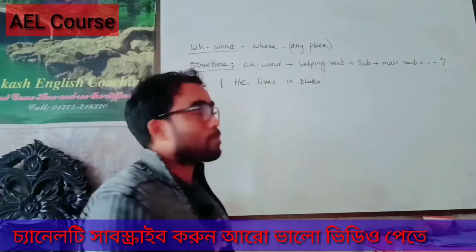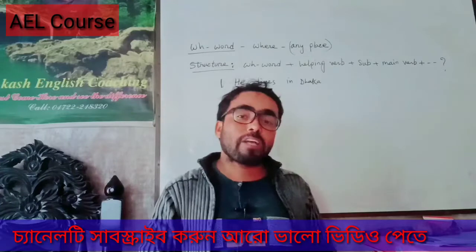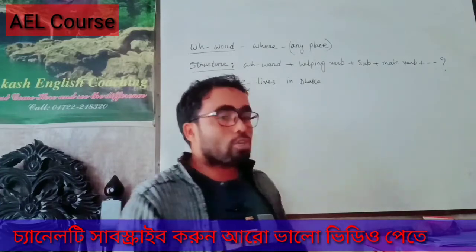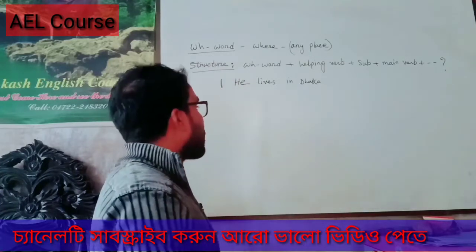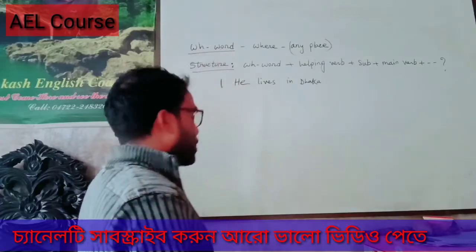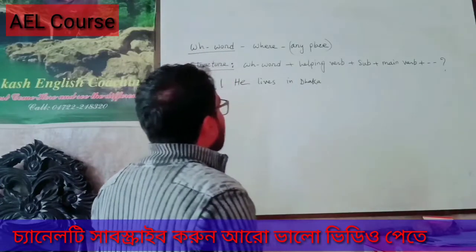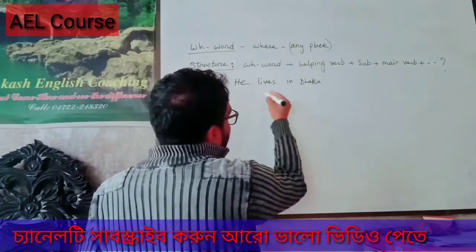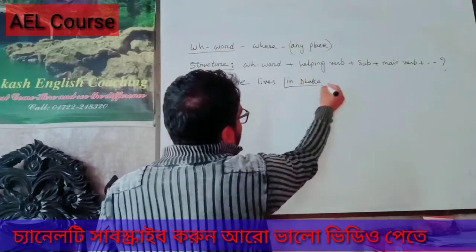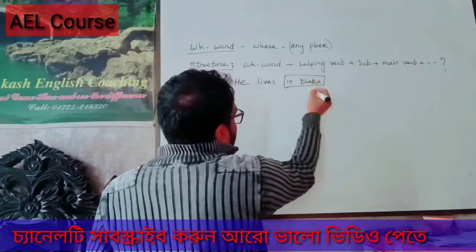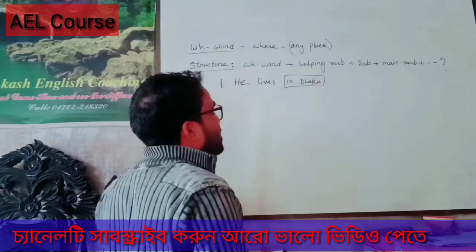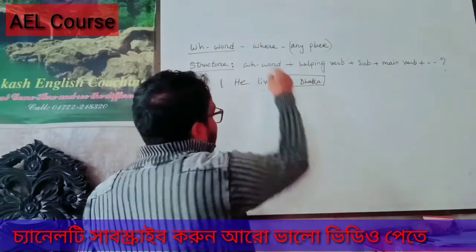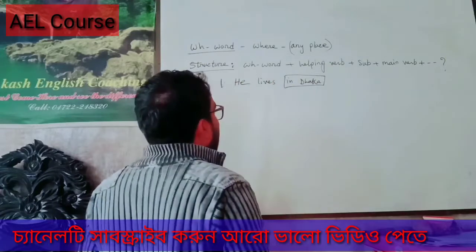In this sentence, if you find any mentioned place, you should use where to make the sentence interrogative. So we have to take out from this sentence the place. In Dhaka, Dhaka is the place, and where requires a place.